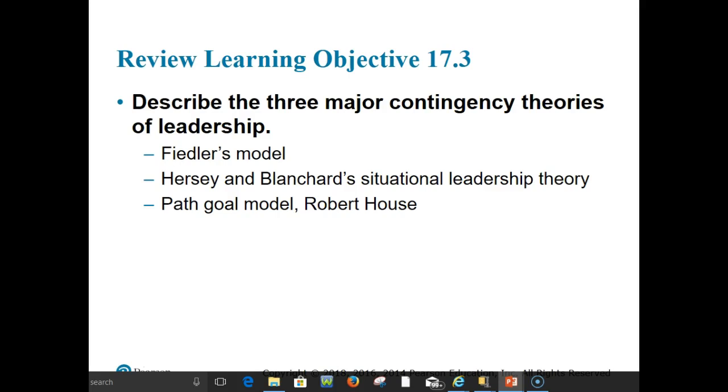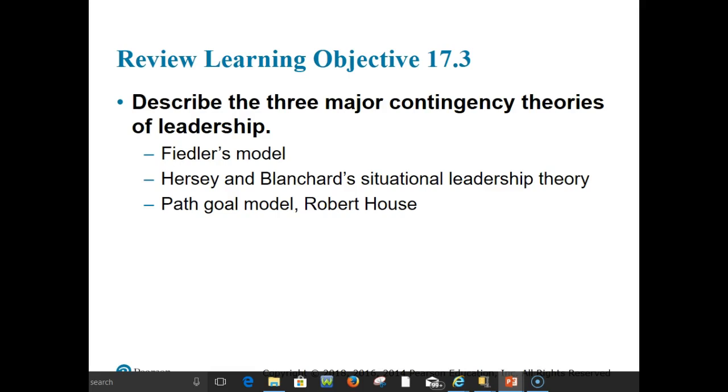He measured 3 contingency dimensions: leader-to-member relations, task structure, and position power. And the model suggests that task-oriented leaders perform best in very favorable and unfavorable situations, and relationship-oriented leaders perform best in moderately favorable situations.